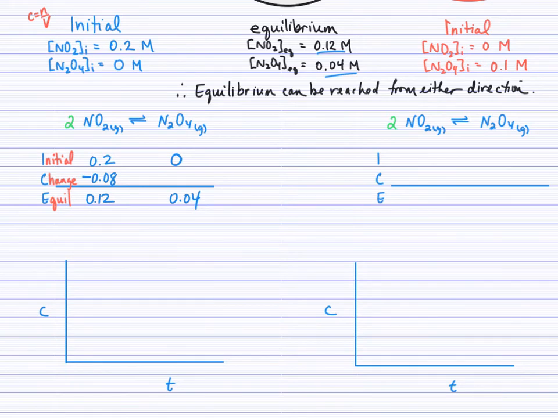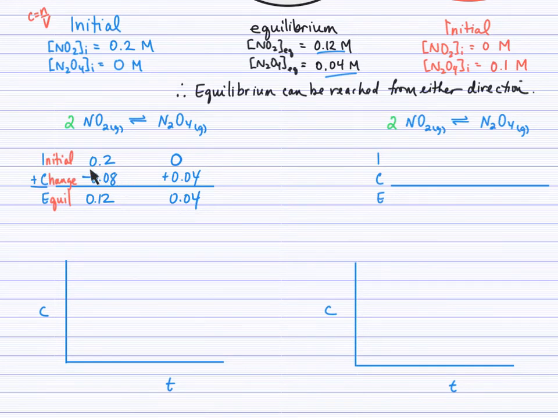It started off at 0 and at equilibrium had 0.04 moles per liter. So how much did this increase by? Hopefully you're thinking 0.04. And so you can see here that I've indicated I plus C equals E. So 0.2 minus 0.08 equals 0.12, and 0 plus 0.04 equals 0.04.